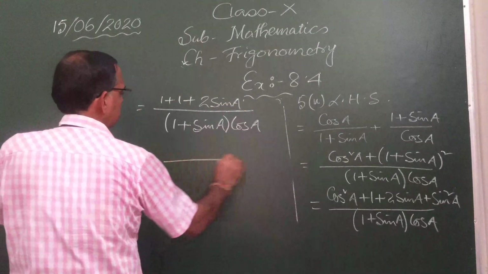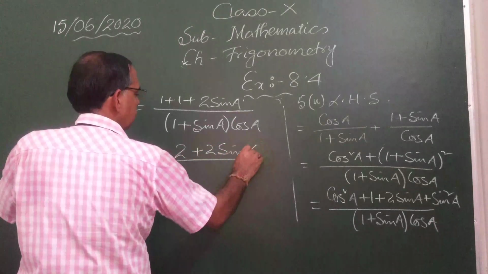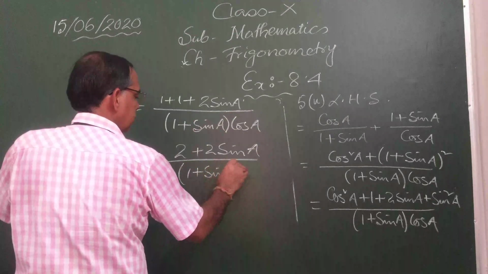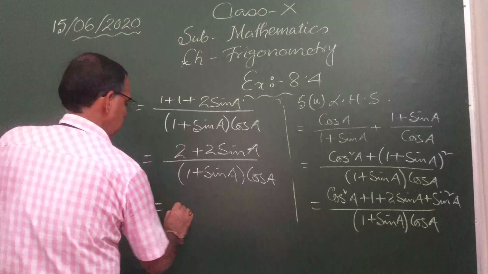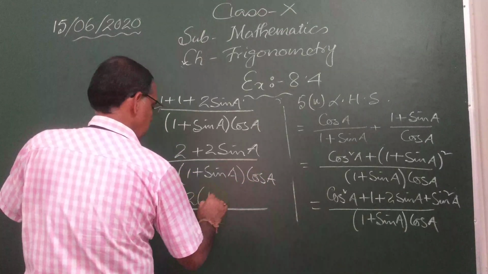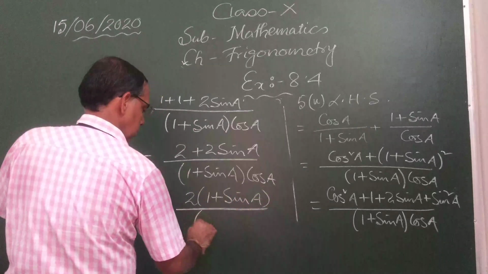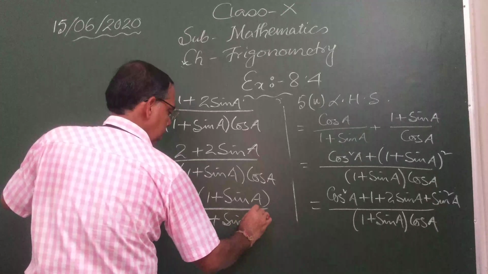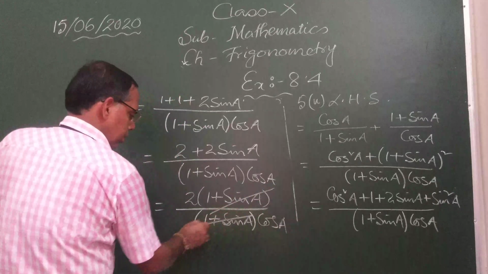Then what is that? 2 plus 2 sin A divided by 1 plus sin A into cos A. Then 1 plus sin A, 1 plus sin A, so this cancels, this cancels.